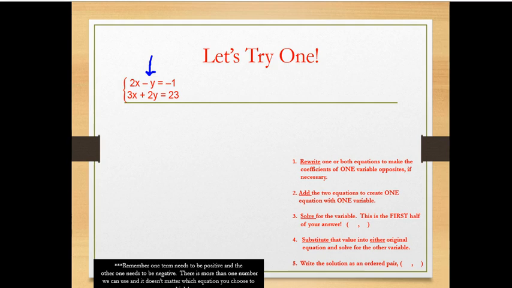So we could multiply the entire top equation by 2 and get 4x minus 2y equals negative 2. Now our y terms will cancel out.